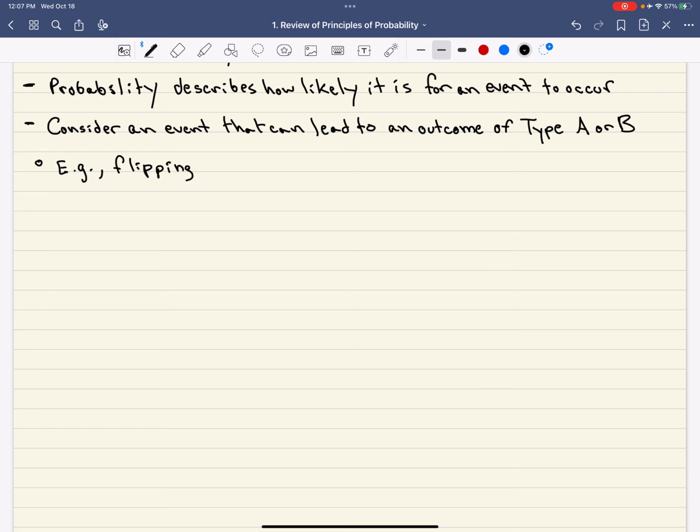Because in this case, when you flip a penny, a dime, or a quarter, and they land on the ground, there's only really two options in the direction that they can land. Either the heads portion of the coin is face up, or the tails portion is face up.